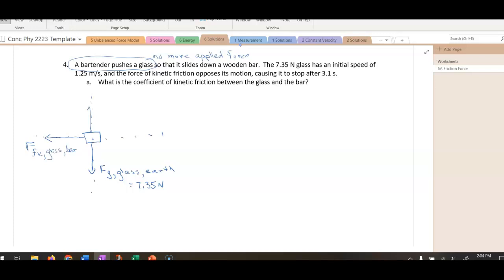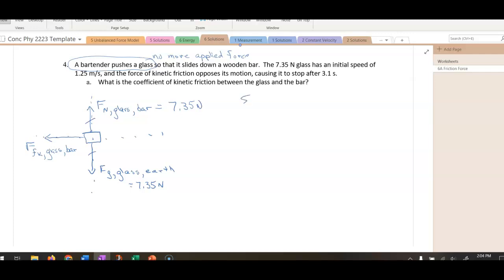And the bar is supporting the glass, so there's a normal force on the glass by the bar. It's going to be the same as the weight because I only have the two forces vertically, and I know the glass is not moving vertically.